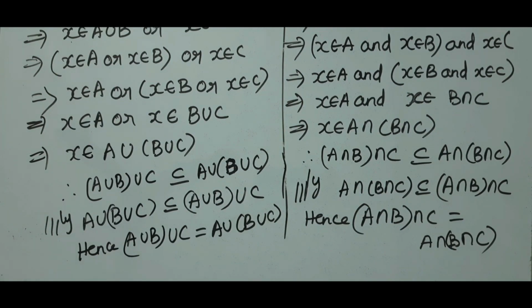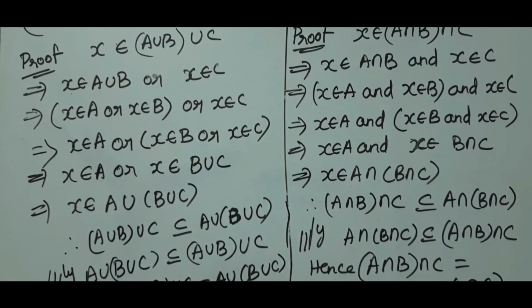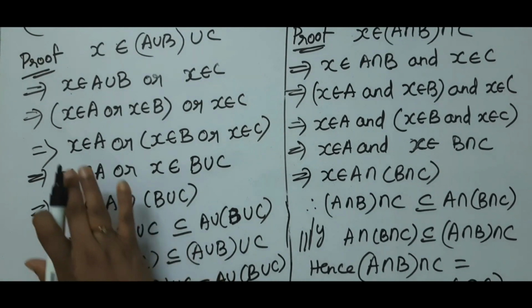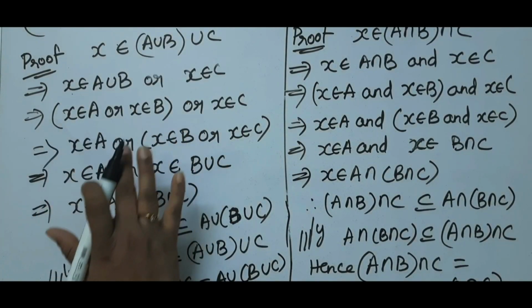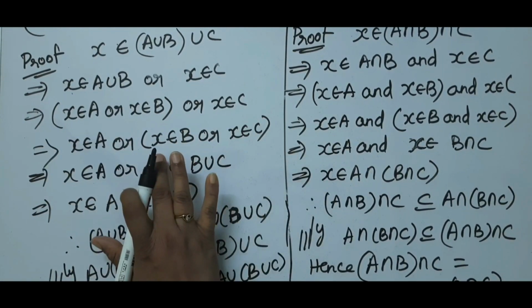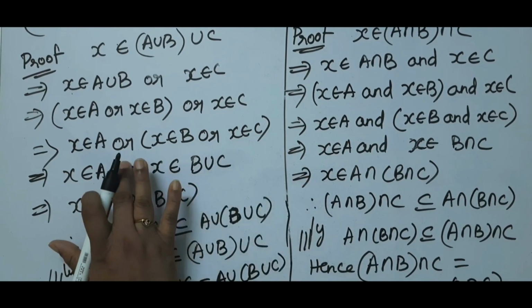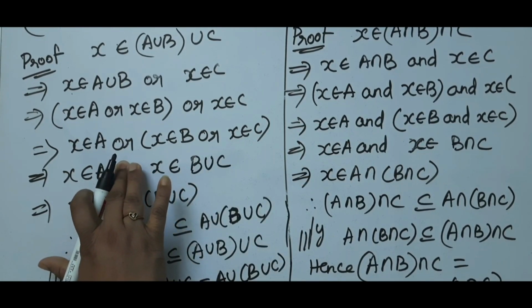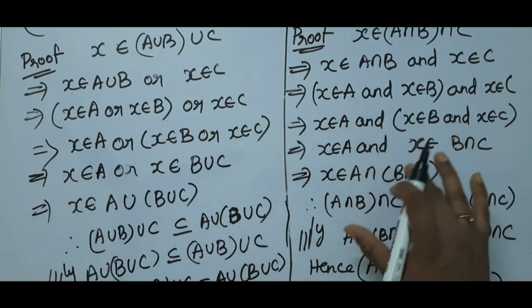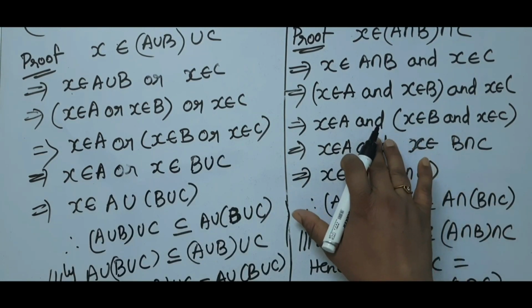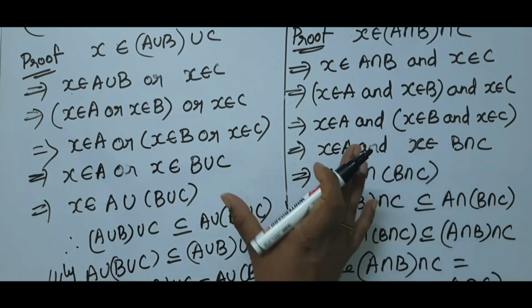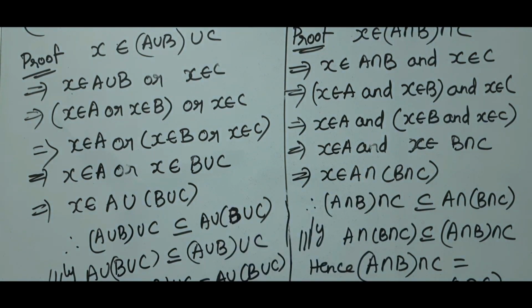The only thing is, I have to remember the proof logic. I have removed these brackets here and I have joined that X belongs to B and X belongs to C. In case of union, I use the word "or", and in case of intersection, I use the word "and". Okay, this is the logic to remember these proofs.